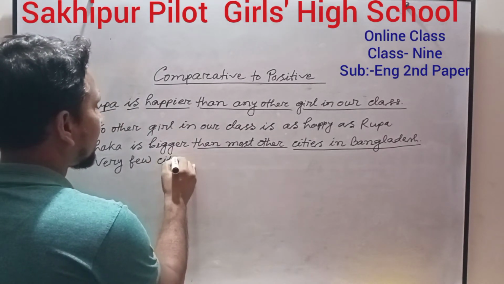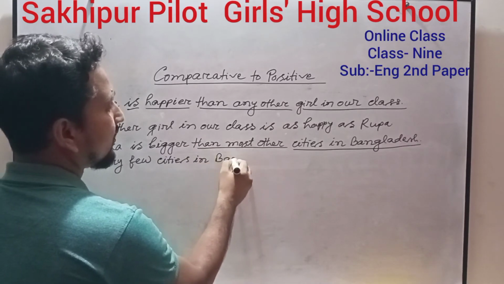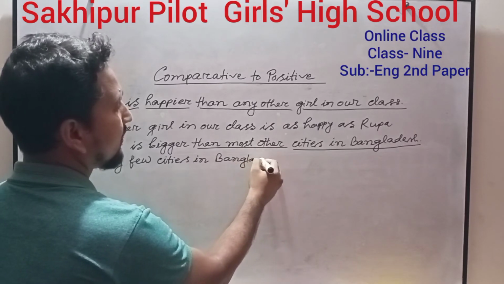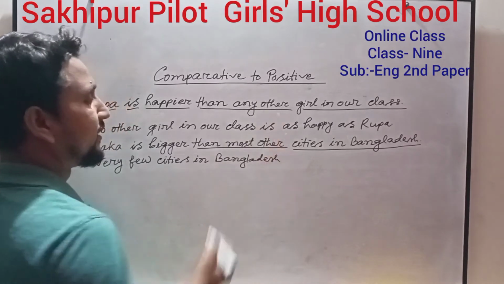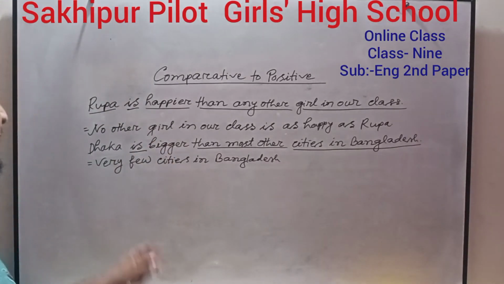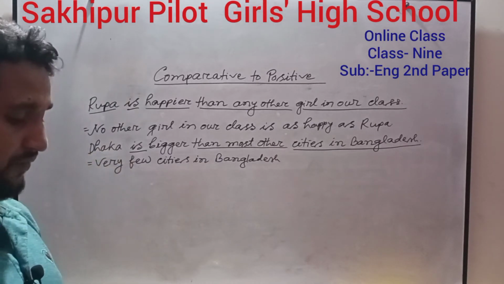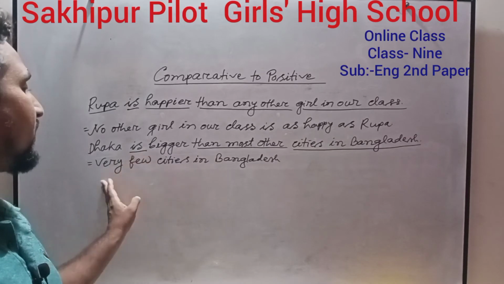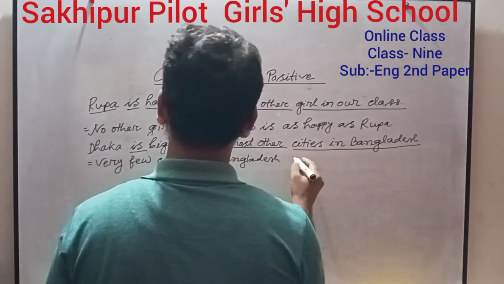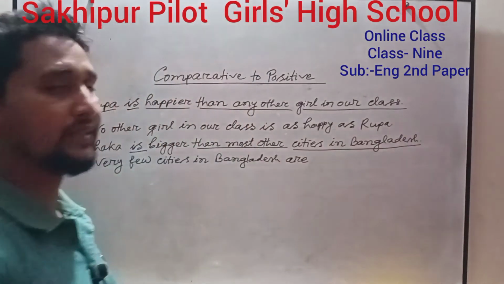Then you have to change the verb into plural form because "very few" is the plural form, but here Dhaka is the singular form. So the verb was singular, but "very few" is plural, so the verb will be plural form. What is the plural form of verb is? Are is the plural form of verb is.